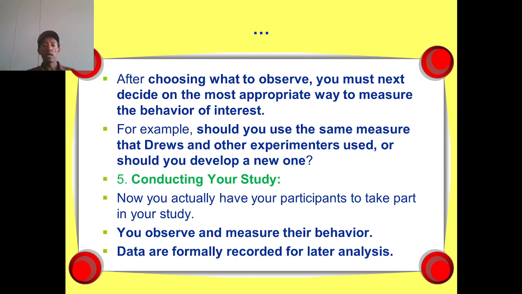Now you have actually chosen the participants to take part in your study. You must observe and measure their behavior. So this is recording the data, recording qualitative or quantitative data for later analysis.